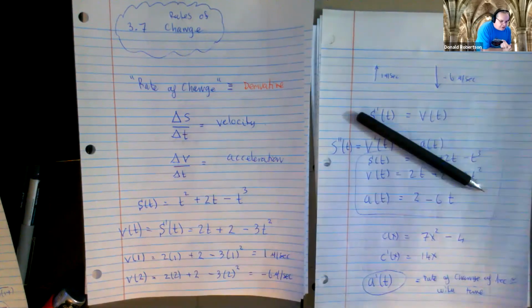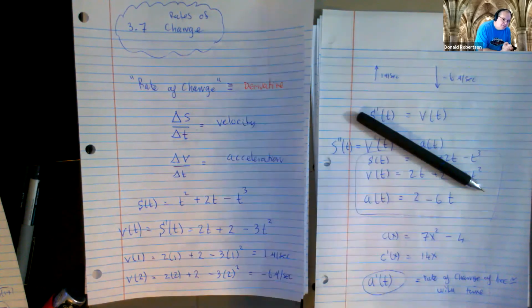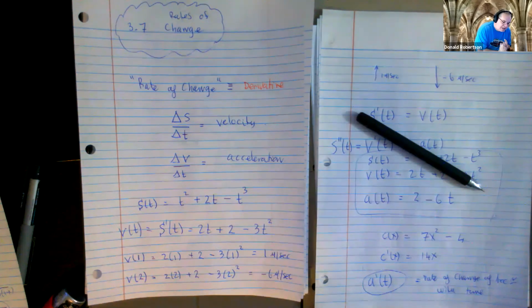First derivatives are called velocity because that's very common. Rate of change of position with time is velocity. The rate of change of velocity with time is called acceleration. But here's the $1 million first prize. The rate of change of acceleration with time is called something.